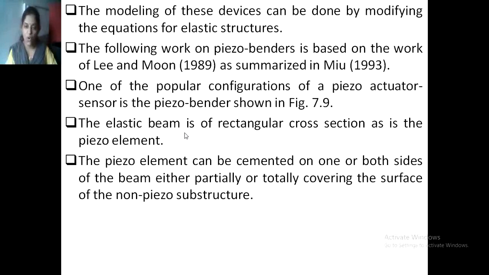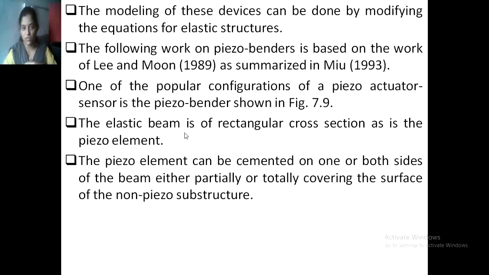The piezo element can be cemented on one or both sides of the beam, either partially or totally covering the surface of the non-piezo structure. The modeling of these devices can be done by modifying the equations for elastic structures.